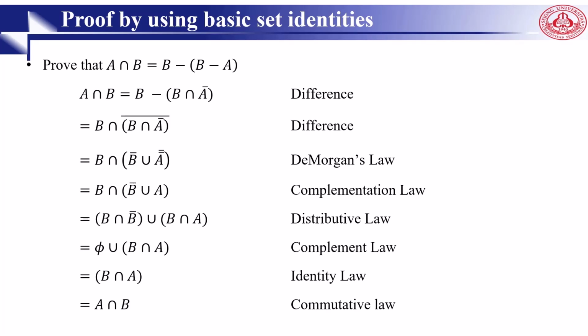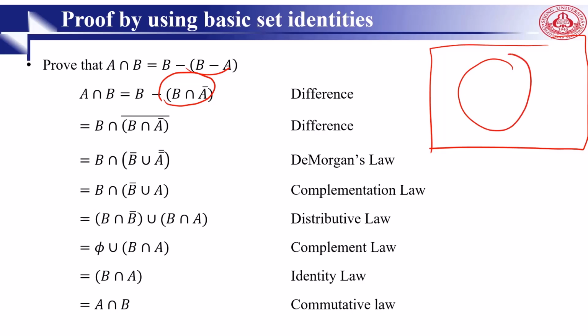We start from here. A intersection B equals B minus A. We can write B minus A as B intersection of A complement. Let me draw this. If this is A, this is B, and this is universal.